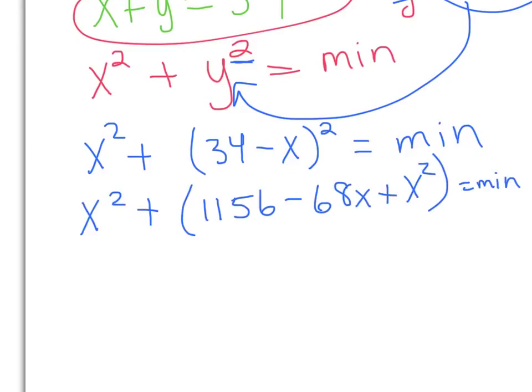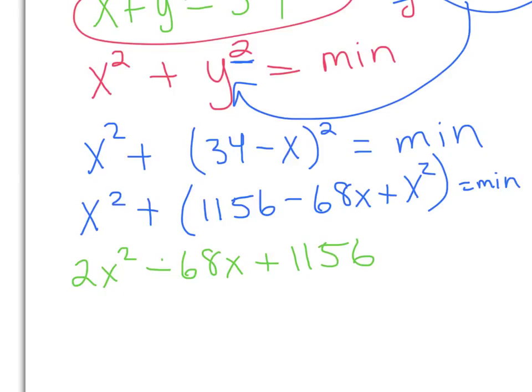Okay, so now work this through and you end up getting x squared plus 1,156 minus 68x plus x squared. And then we simplify, so combine our like terms, and that gives us 2x squared minus 68x plus 1156.